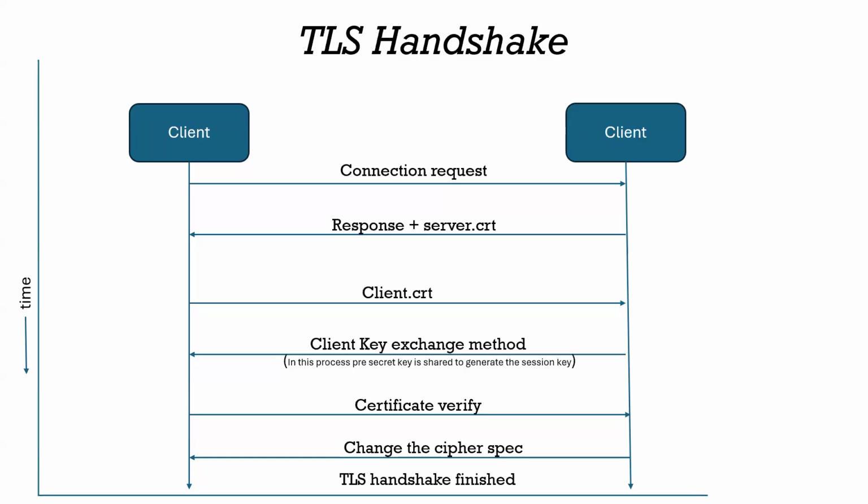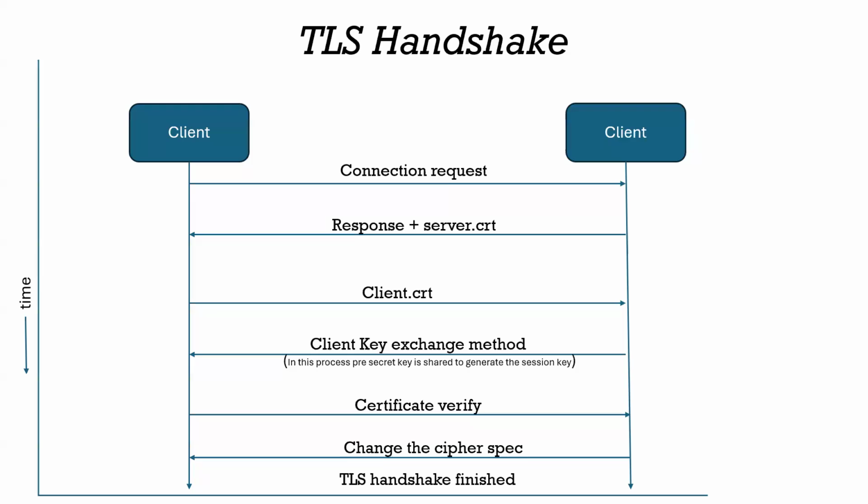This process is a bit longer. In this, the client first shares the pre-secret key, and the server takes that pre-generated key. So why was this server.crt sent? I will explain. When the client sends its pre-secret key, it is encrypted using this server cert.